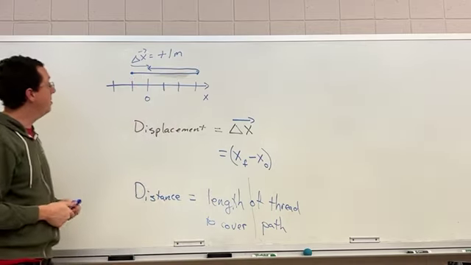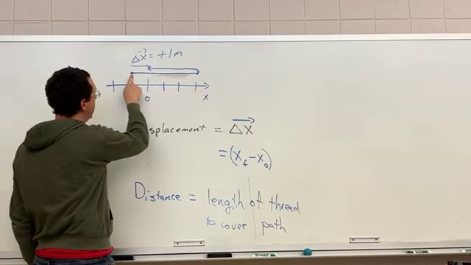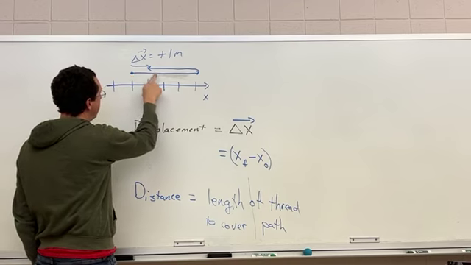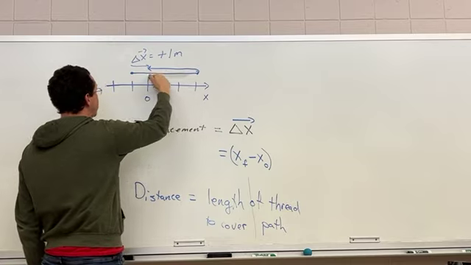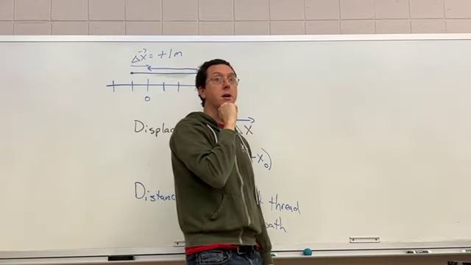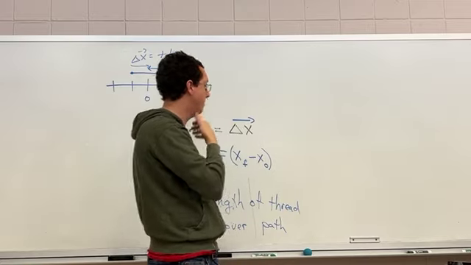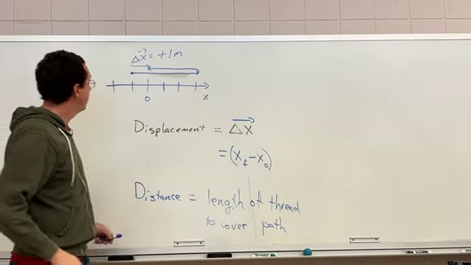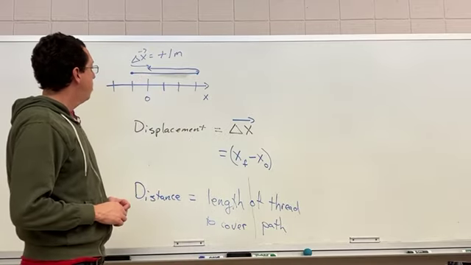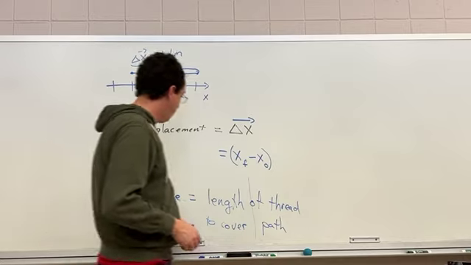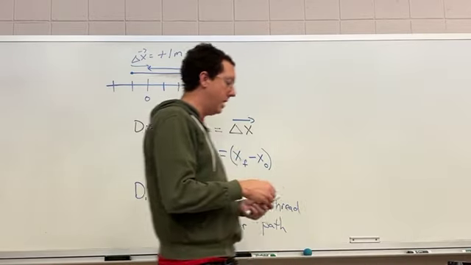The distance, though, would be the length of thread to cover that path. If I started here, I would need 1, 2, 3, 4, go backwards, 5, 6, 7 meters of thread. That clearly shows the difference between them. All right, great. So that's just a review of what we did last time.